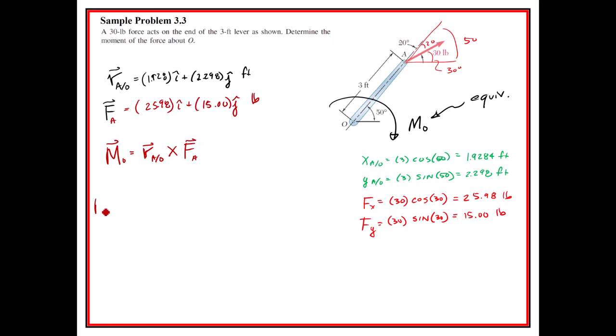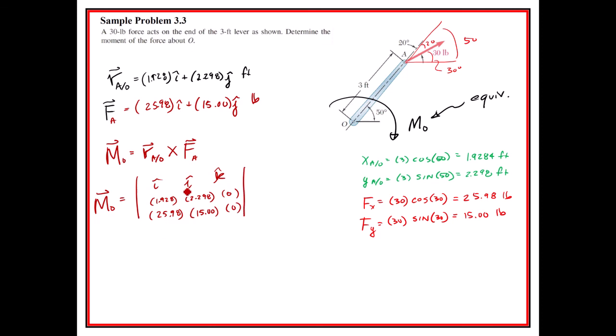So MO equals the determinant of I J K, 1.928, 2.298, 0, 25.98, 15.00, and 0.